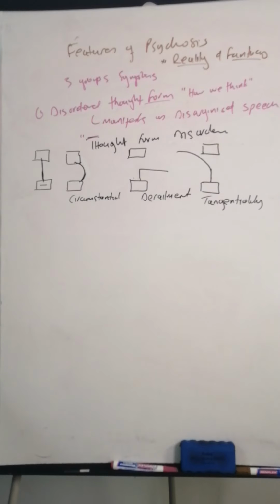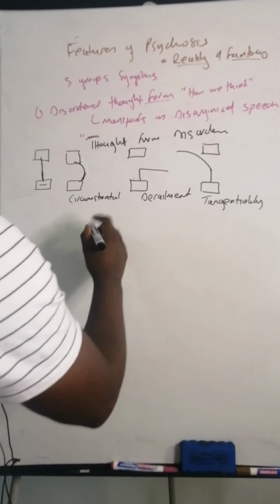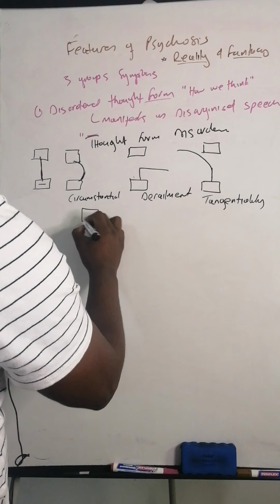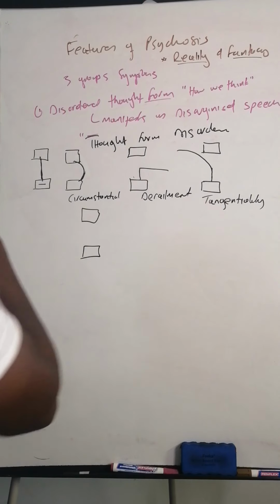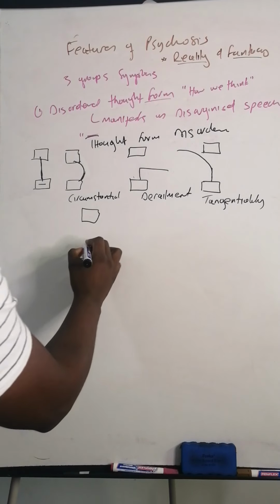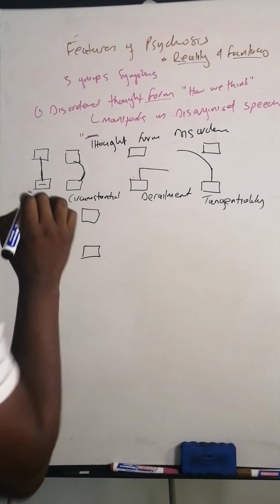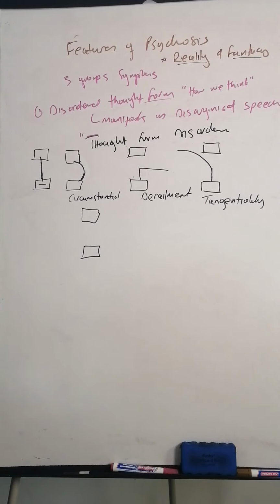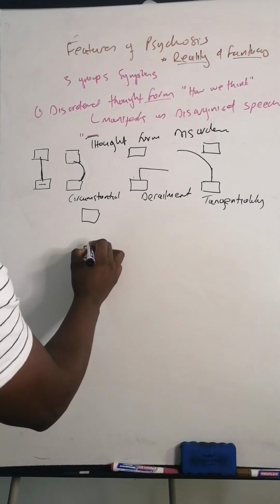So there are different examples of thought form disorders. Let's say you ask the same question to another person. Did you have breakfast this morning? What did you have for breakfast this morning? Oh, okay.